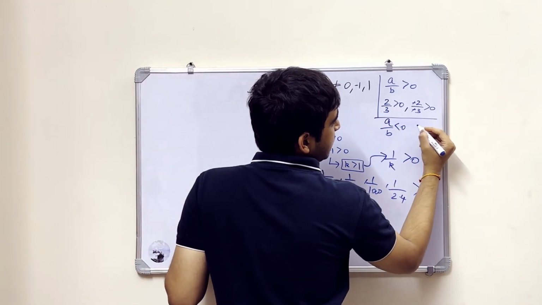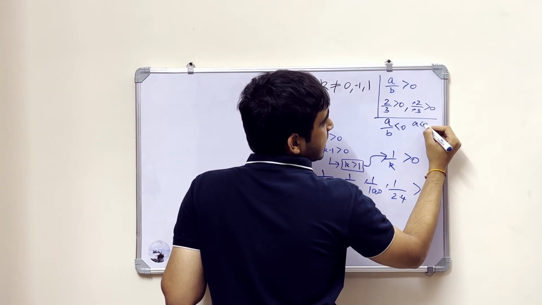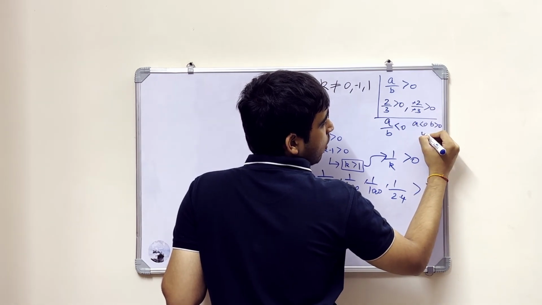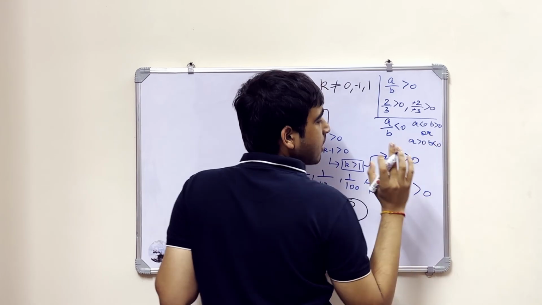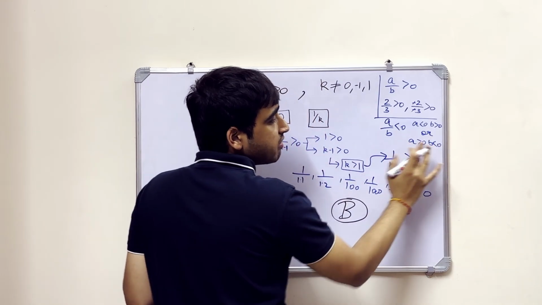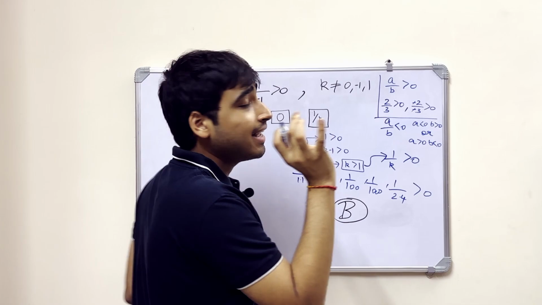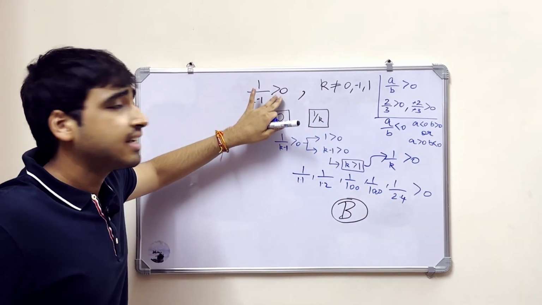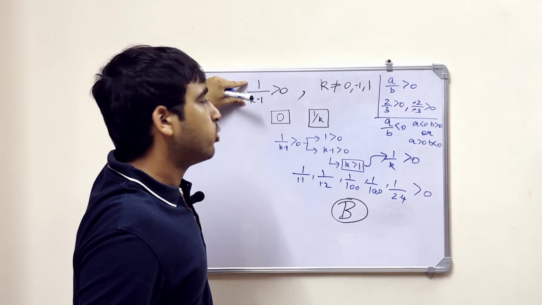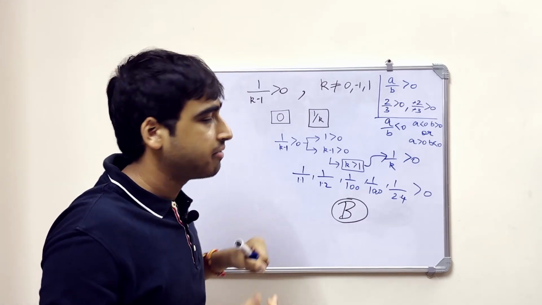So that means basically either a is less than 0, b is greater than 0, or a is greater than 0, b is less than 0. Meaning one has to be positive and the other has to be negative in the case if this is less than 0. If this is greater than 0, then either both are positive or both are negative, right?